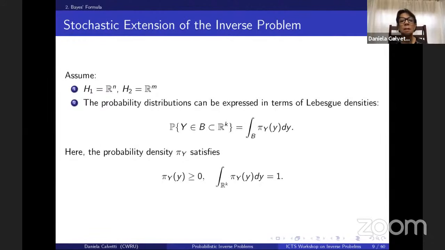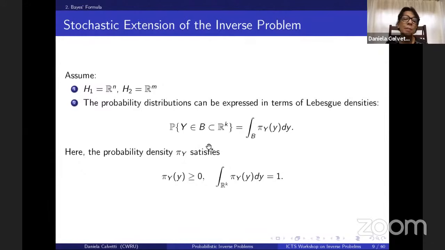So now let's go ahead and take a very quick trip through probability. So we're going to say that, for example, the space H1, where x lives, is an n-dimensional real space, R^n. The space of the observation is R^m, and we can describe probability distributions in terms of Lebesgue densities.